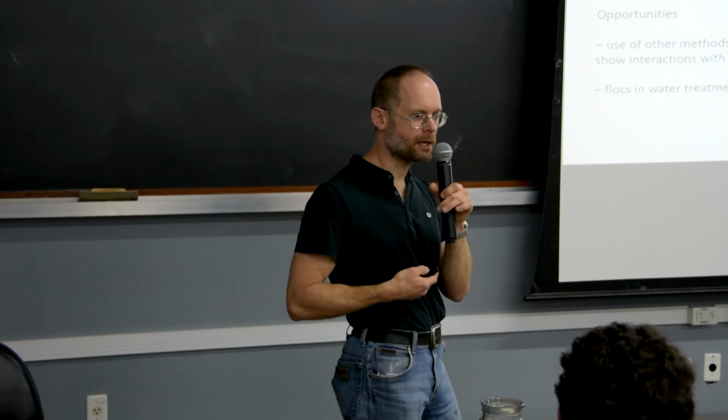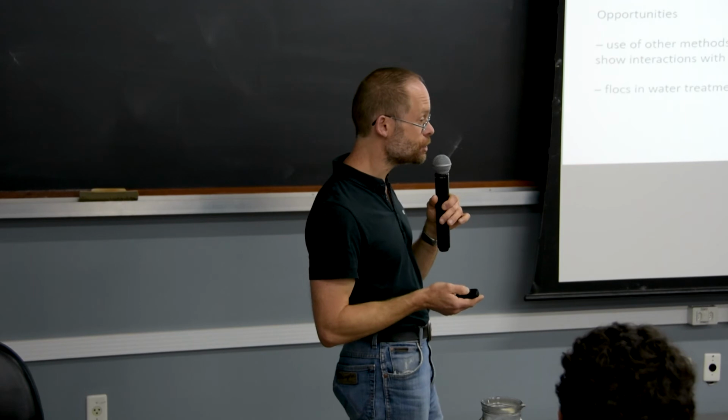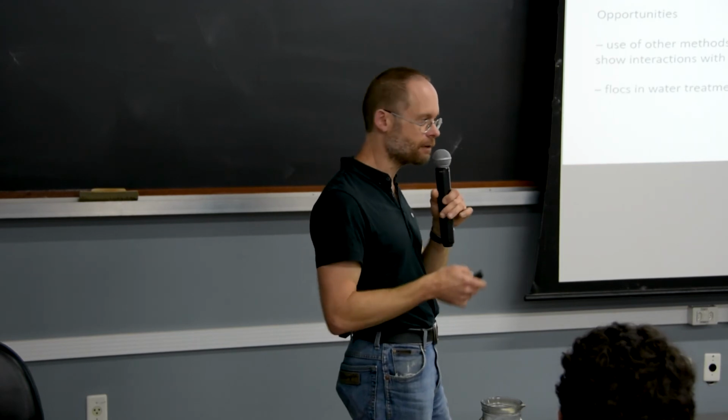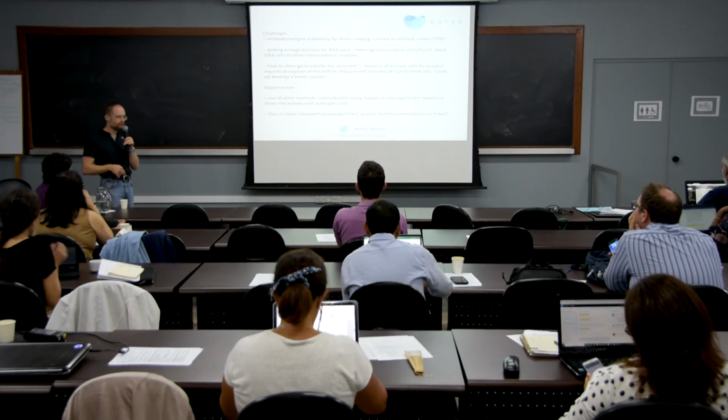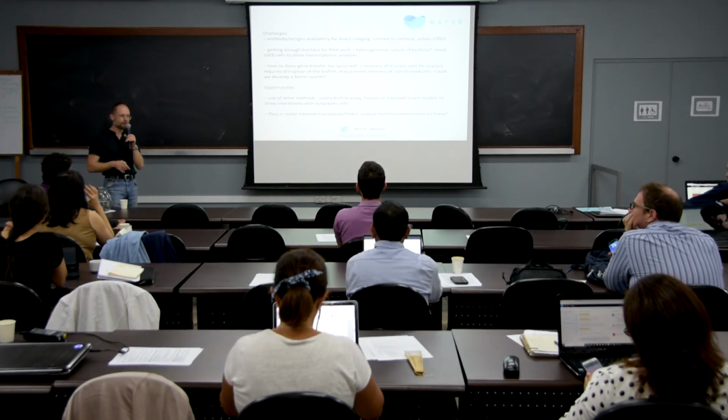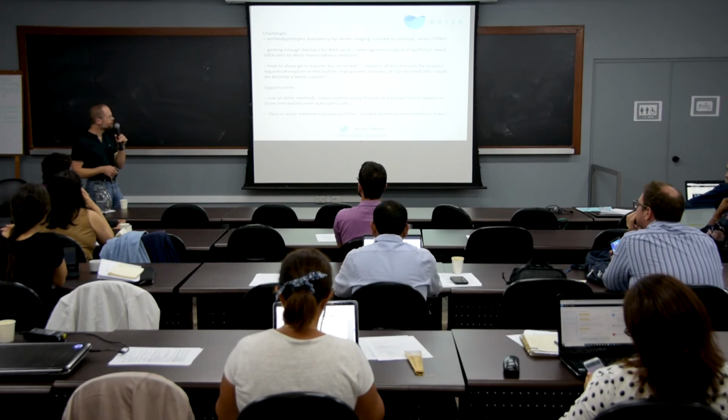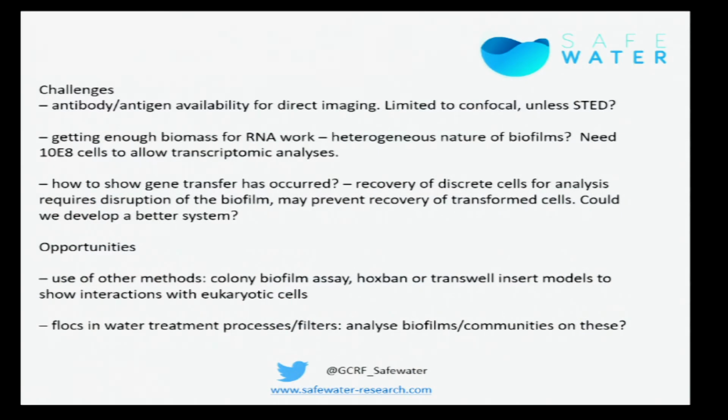And what I'm interested in is the things that actually change between different bacteria and different types of biofilm. So antibody availability is a little bit of a challenge, but we're making a little bit of progress. We're sort of limited to confocal, although at Ulster we have a STED microscope which uses ATTO dyes, and well, you can add a couple of zeros to the consumables costs, but you do get super resolution on that.